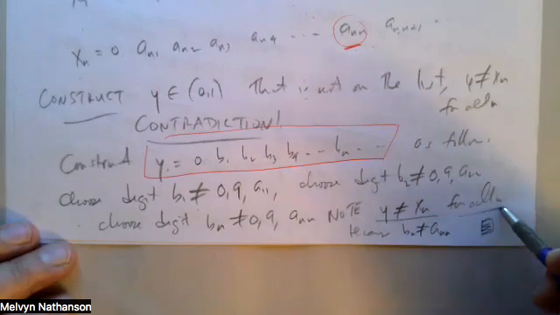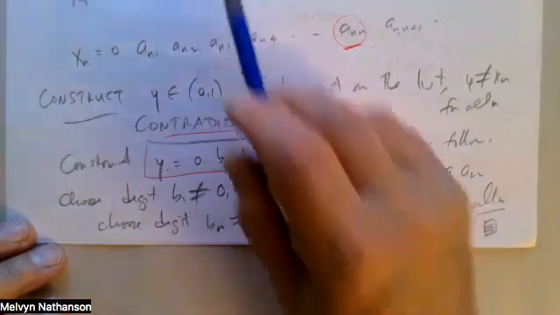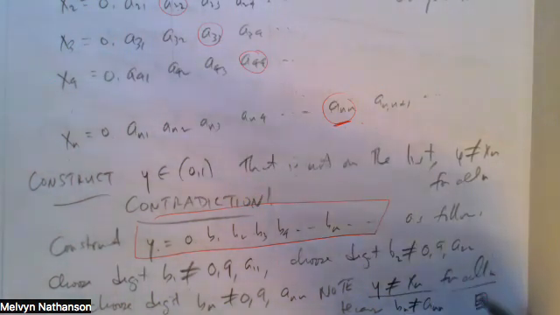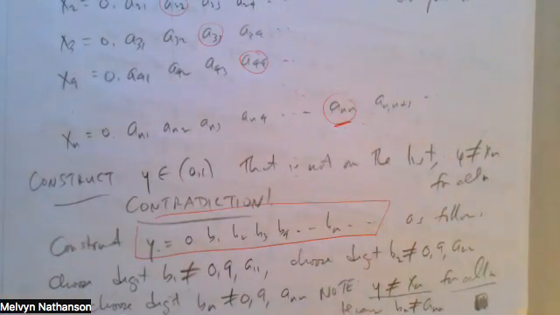So y is different from xn for all n, and that contradicts the assumption that this list of x's, x1, x2, and so forth, contains every real number between 0 and 1. So this is Cantor's diagonal argument, and it is a truly beautiful and, in retrospect, very simple idea. But very often, simple ideas are brilliant.